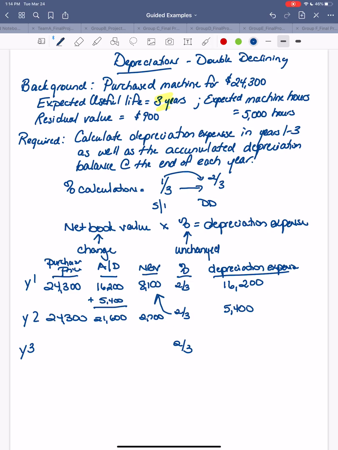All right, now remember, I cannot have my net book value be anything other than $900 here at the end. Okay? So when I multiply 2/3 times that previous net book value, oops, I gave you guys the wrong arrow here.